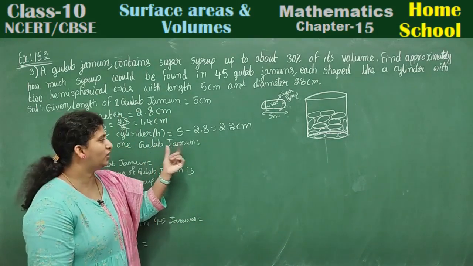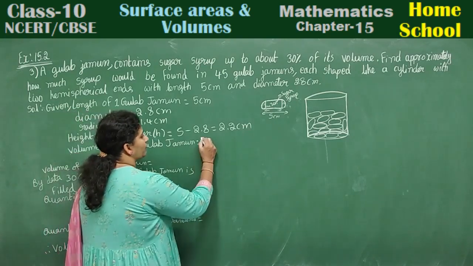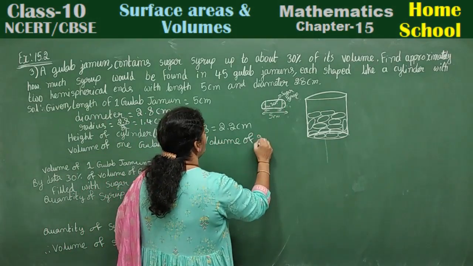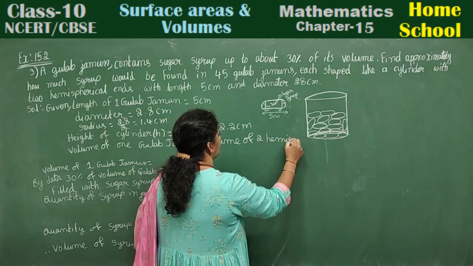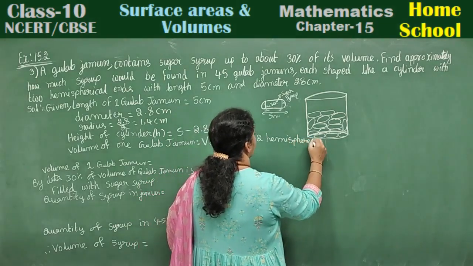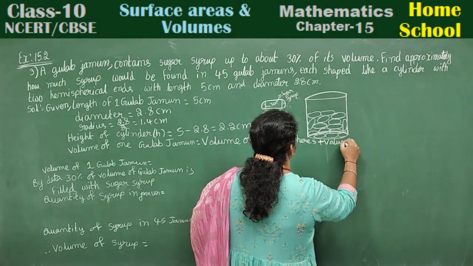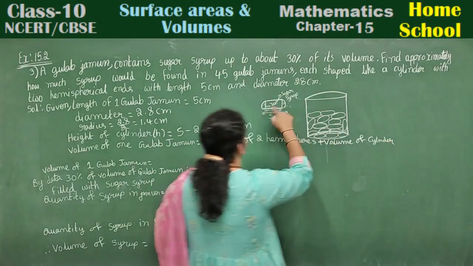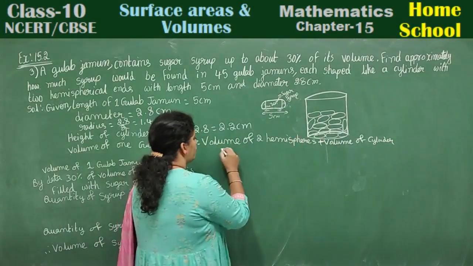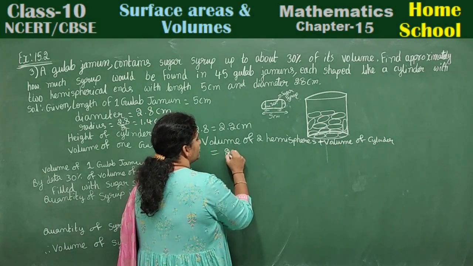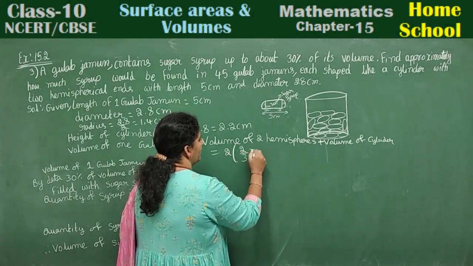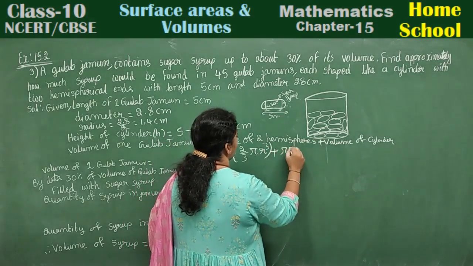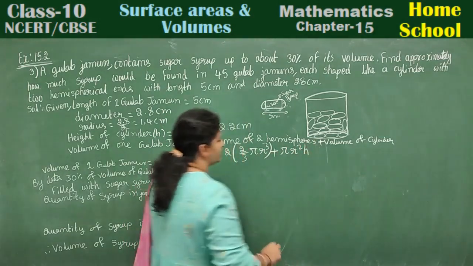Volume of one gulab jamun is equal to volume of two hemispheres plus volume of cylinder. Two hemispheres plus volume of one cylinder. Formula: volume of hemisphere, 2 into 2 by 3 pi r cube, plus volume of a cylinder, pi r square h.